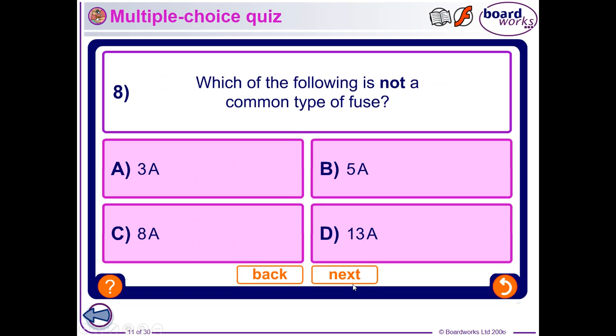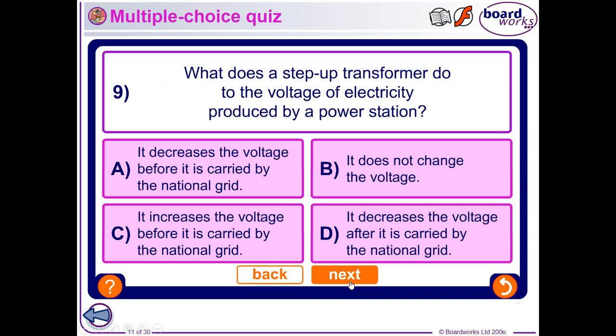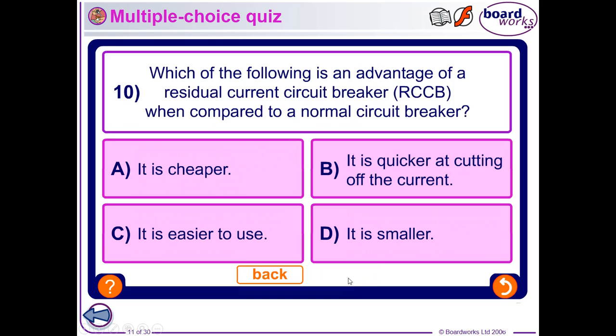Which of the following is not a common type of fuse? What does a step-up transformer do to the voltage of electricity produced by a power station? Which of the following is an advantage of a residual current circuit breaker when compared to a normal circuit breaker? Okay.